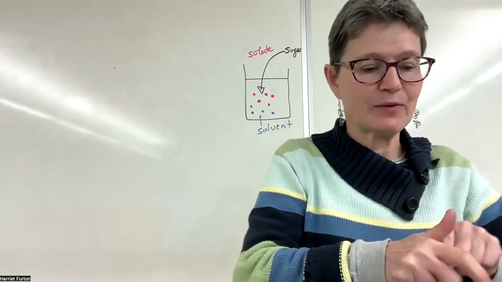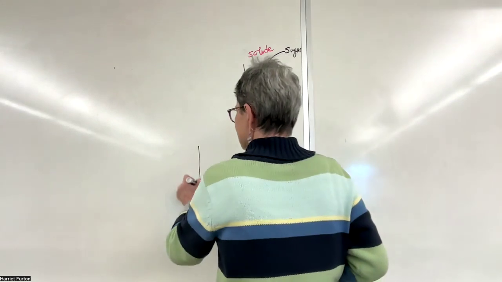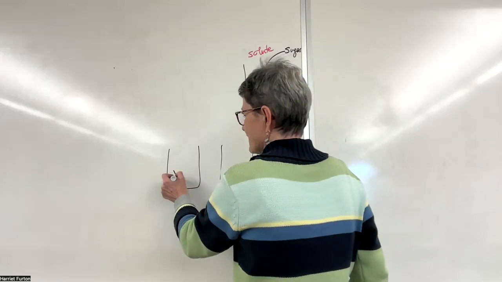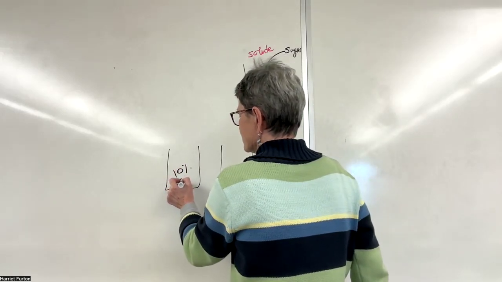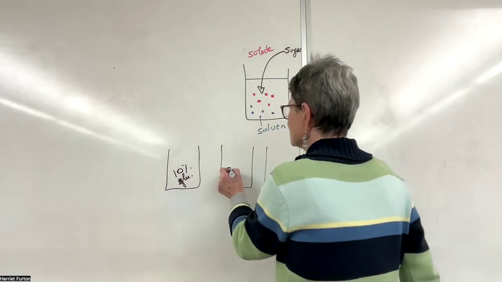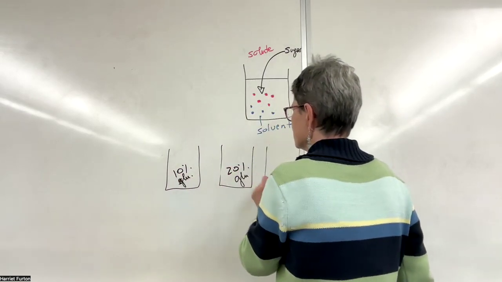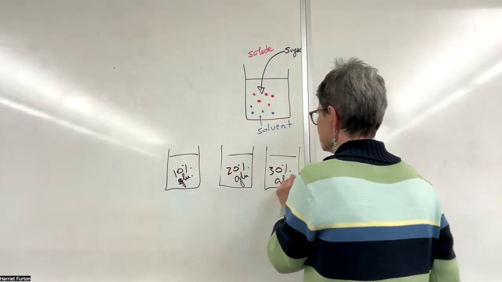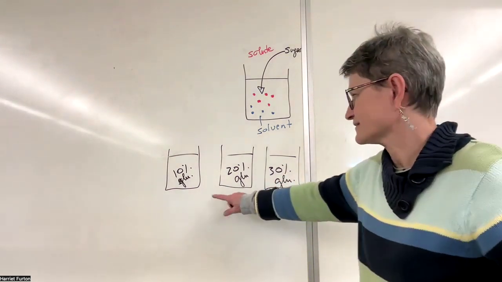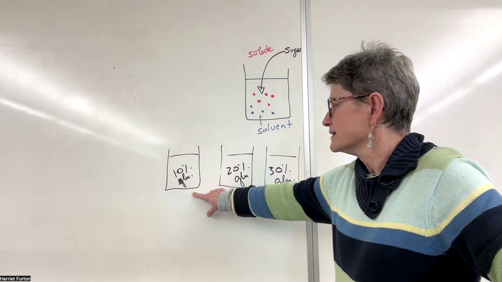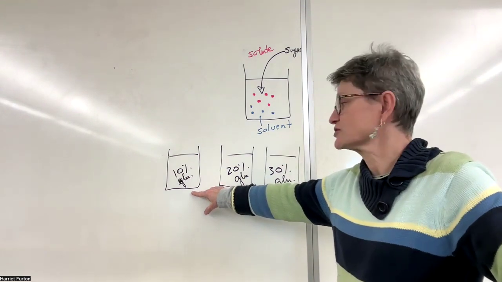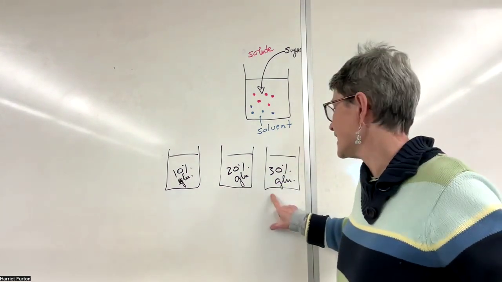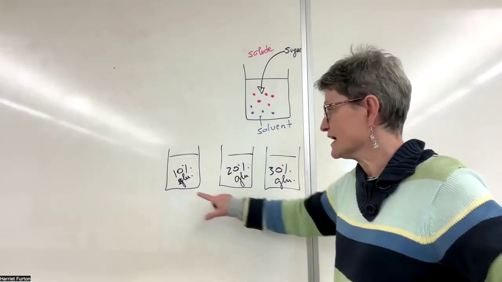So through example, if we have 3 beakers, and I will have 10% sugar, glucose in here, and 20% glucose in that solution, and 30% glucose in this solution, I can say that the 10% glucose solution is hypotonic compared to the 20 and the 30% glucose solution.